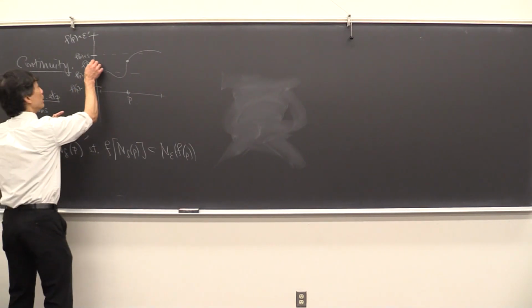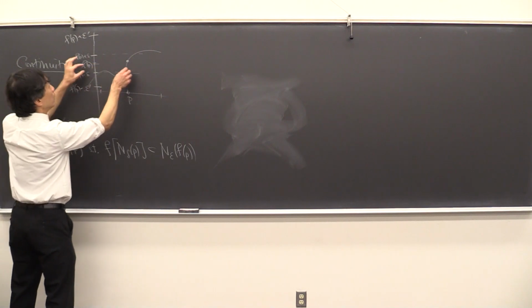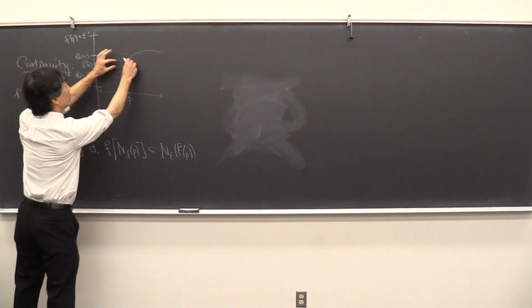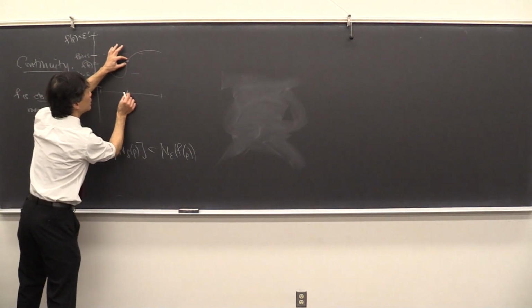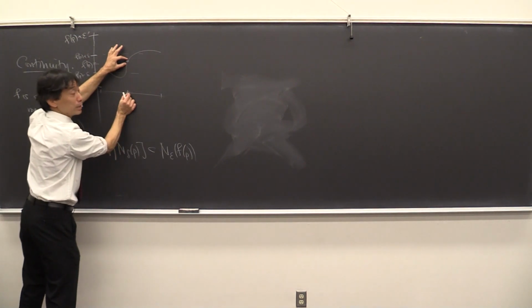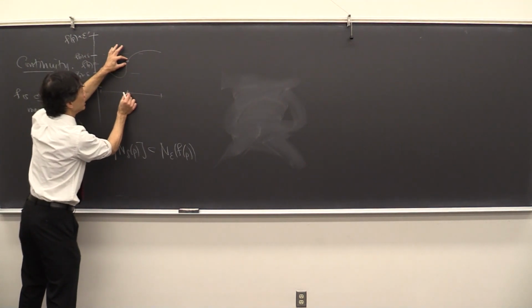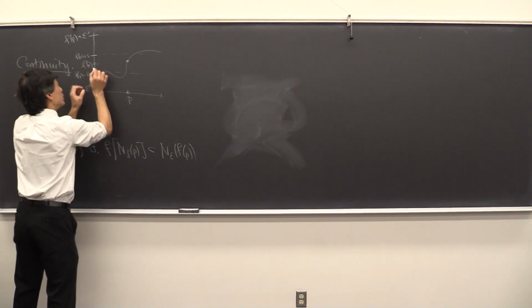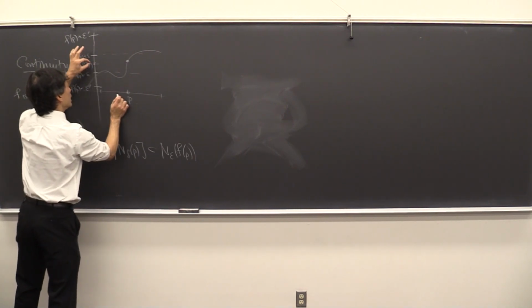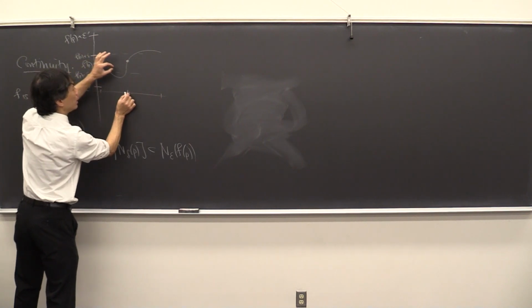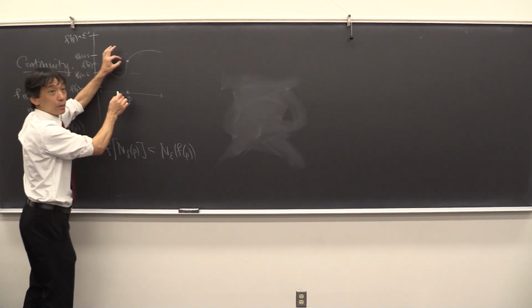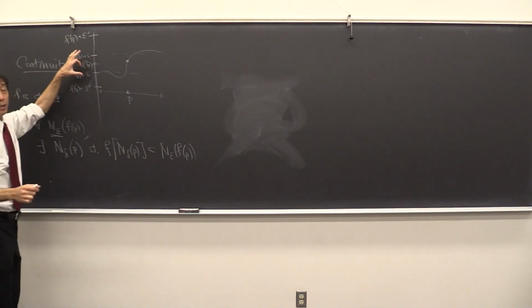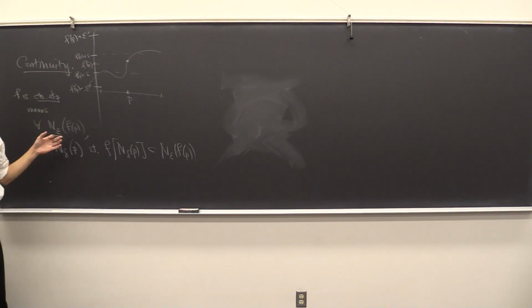If I choose this epsilon and say you've got to stay between here and here, there's a delta that works. I can choose some tiny delta, and everybody stays inside. If I say I'd like you to stay this close to f of p, there's a delta that works. The ability to do that is called continuity. If you can do that, the function is continuous there.